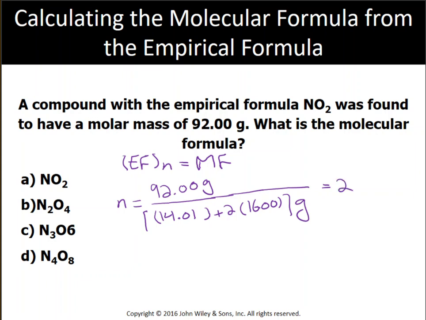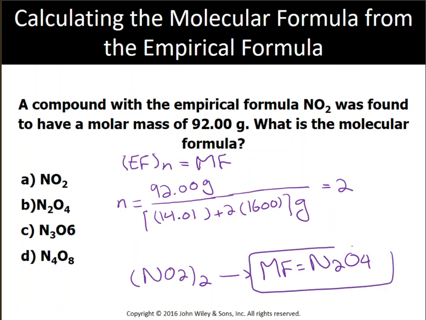So this gives us 2. So it means that for this compound, we have 2 units of NO2. Therefore, the molecular formula is going to be N2O4. And that's the answer you have to box.